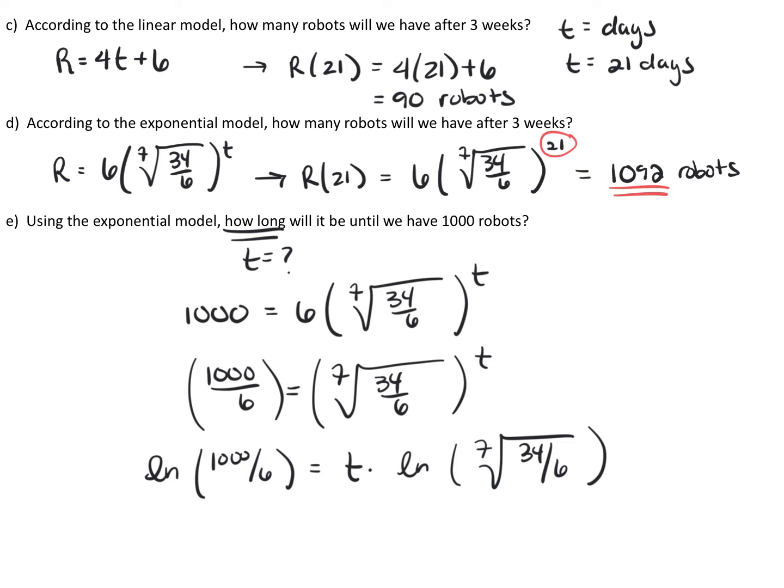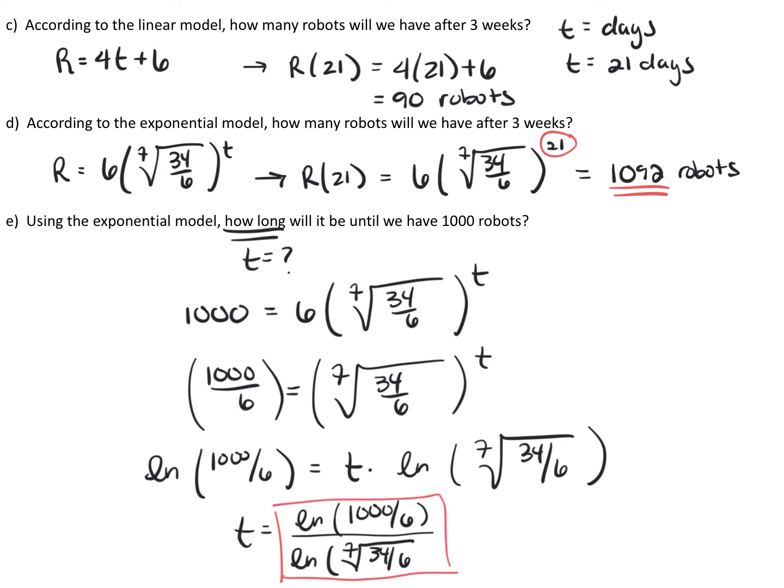So t is equal to the natural log of 1,000 divided by 6, divided by the natural log of the 7th root of 34 divided by 6. This whole quantity is the exact solution, but if you put it into your calculator exactly the way you've written it, you will get an approximate solution of 20.65 days, which you can see is slightly less than 21 days, as we expected.